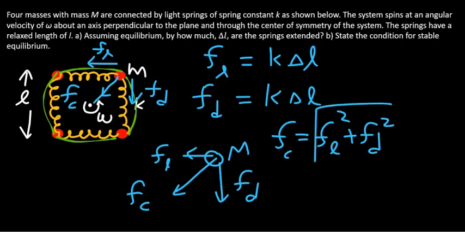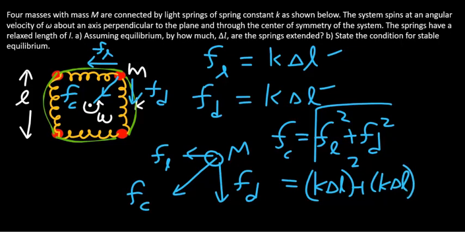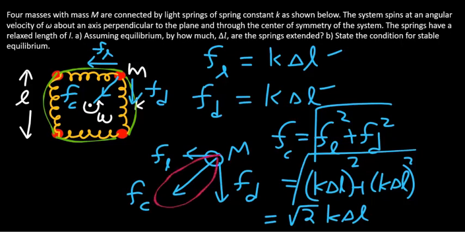So substituting the expressions from here and there, you have the square root of K delta L squared plus K delta L squared, which will give you square root 2 K delta L. So that is the magnitude of the centripetal force towards the center of rotation.